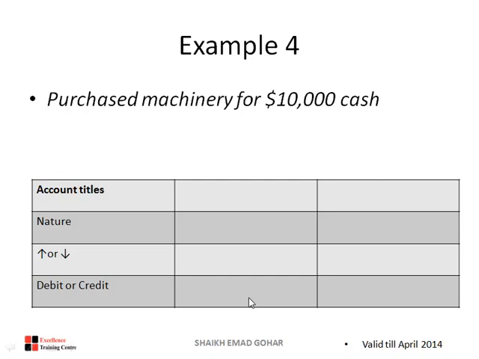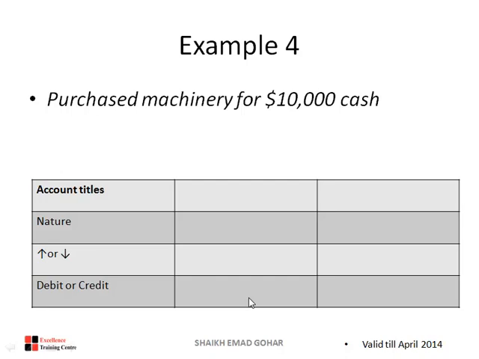I know you know. So, what is the entry? Which is debit, which is credit? Machinery debit, cash credit. Okay.